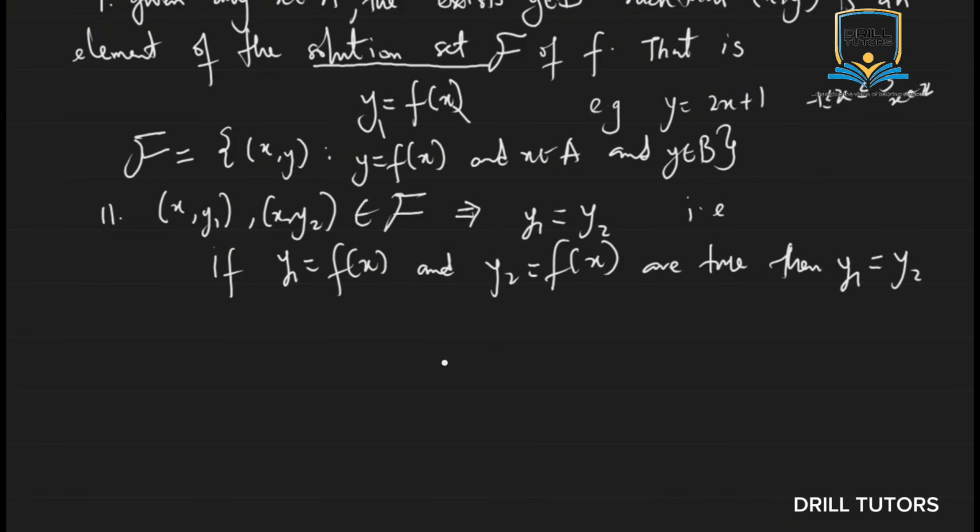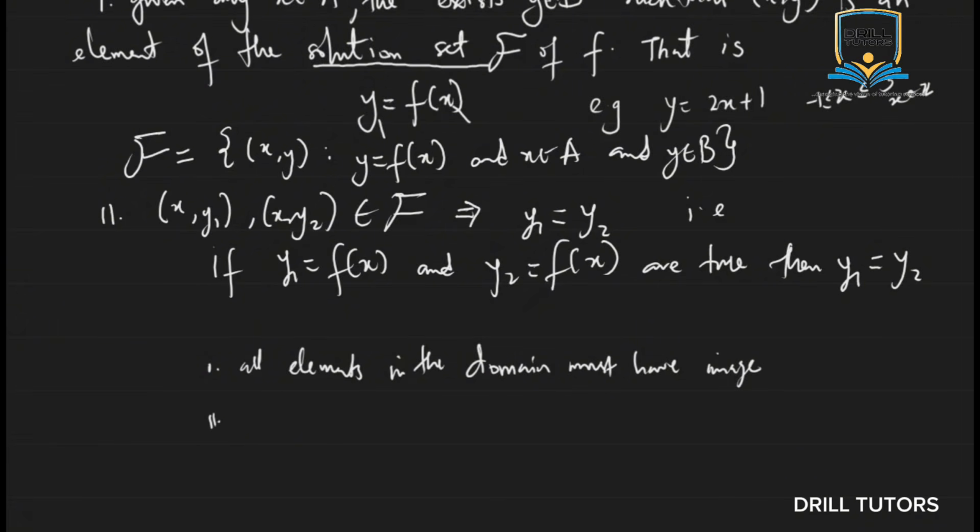So that means that our definition of function lies on 2 principles. The first principle, the summary of the 2 rules I just gave you, is that all elements in the domain must have an image.